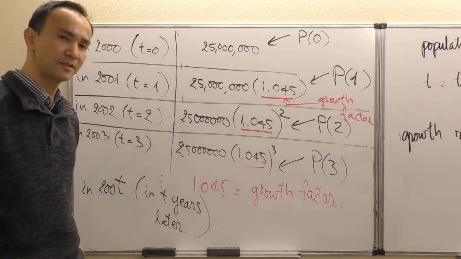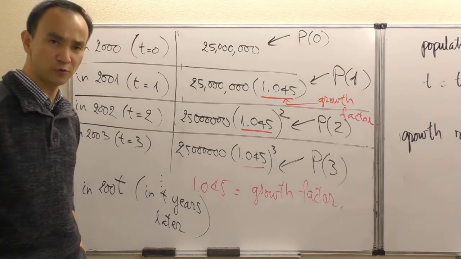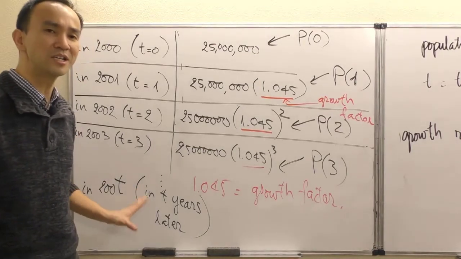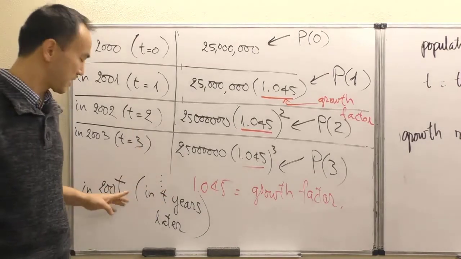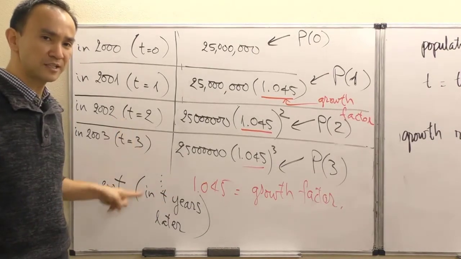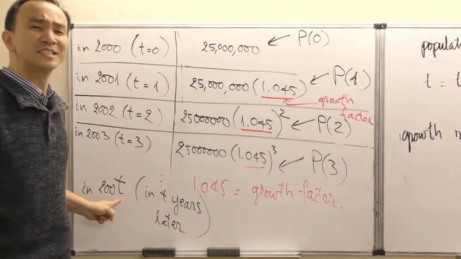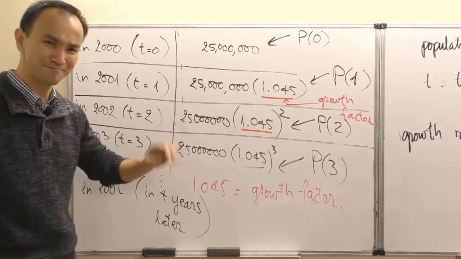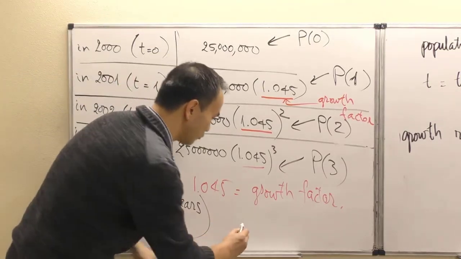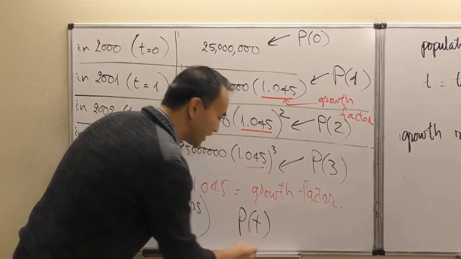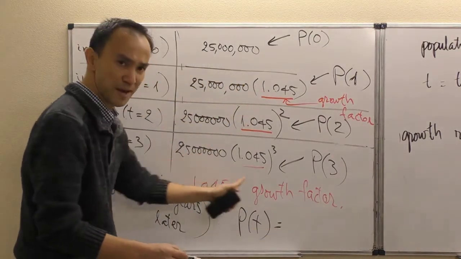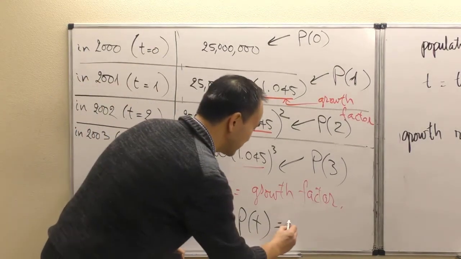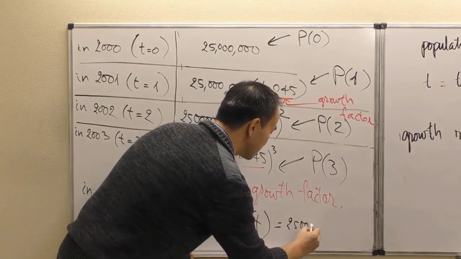All right, so ladies and gentlemen, whoever is watching this with me right here, you should now have a great way to theoretically predict how big the population of Utopia is in year 2000 plus t. That will be the population at some time t, and that equals, see the repetitive pattern so far, 25 millions.